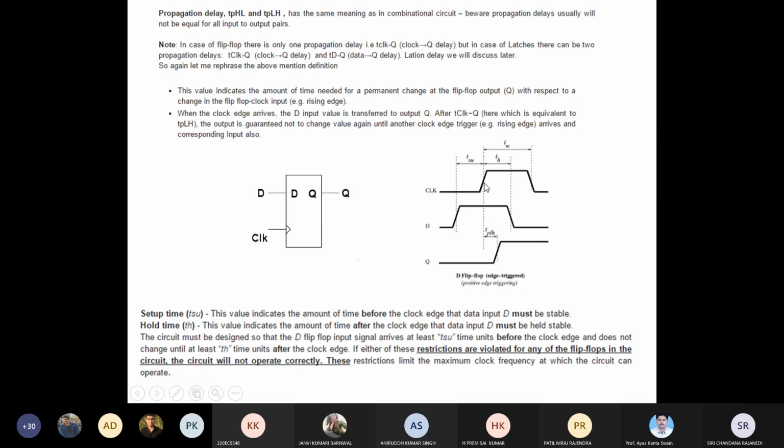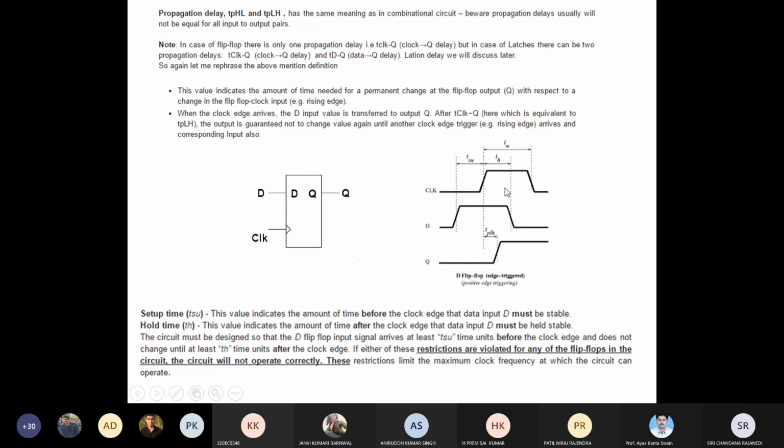And after the clock triggering, for the T hold period the data must be stable. That's why D is stable from TSU to TH. If it is not stable in this period, then a setup and hold violation will happen. If it is stable, that is called a timing violation free circuit.